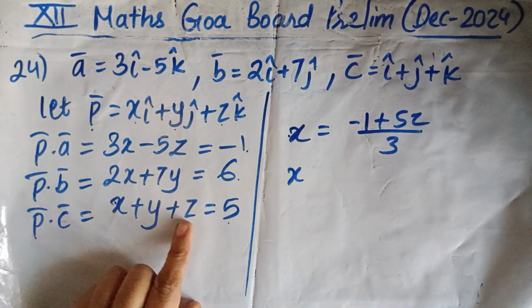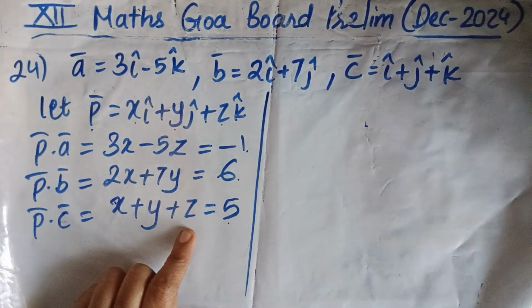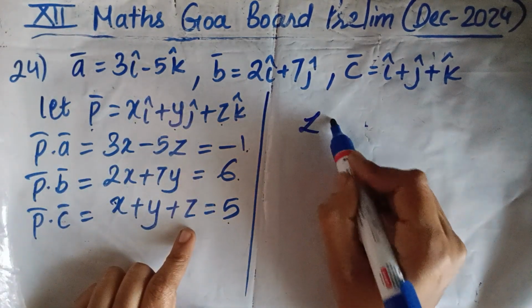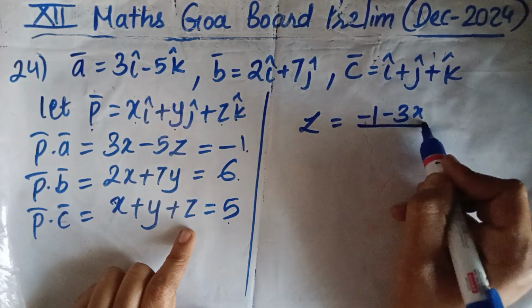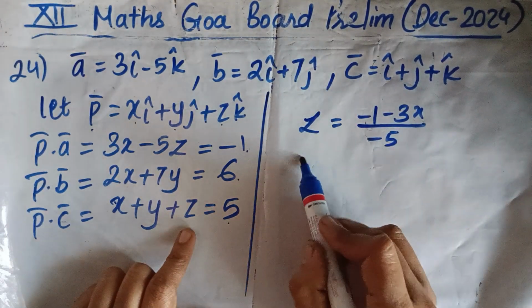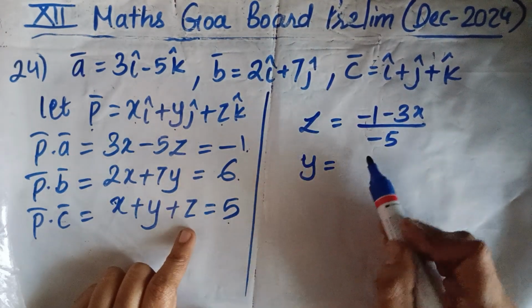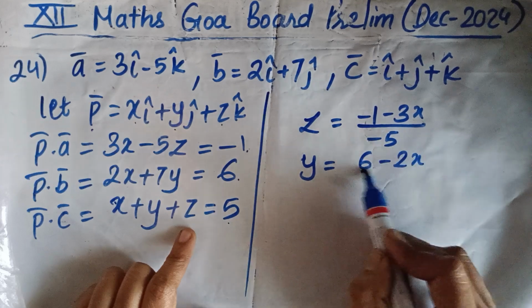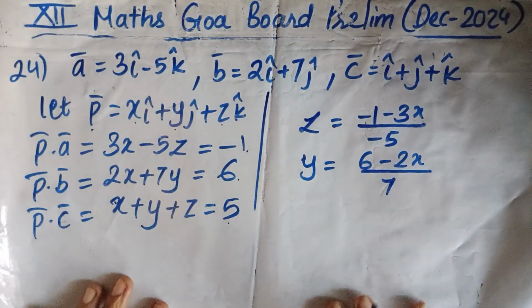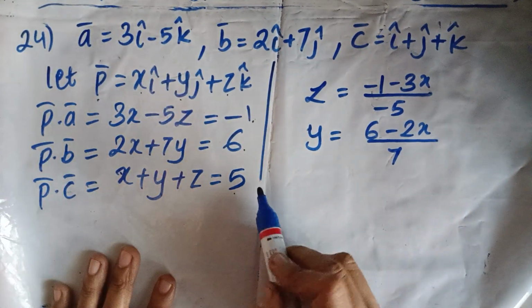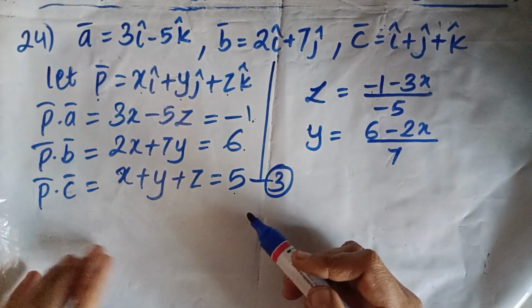So z is equal to -1 minus 3x upon -5. Then y is equal to 6 minus 2x upon 7. Let's put these two equations in this equation. Suppose this is equation 3.